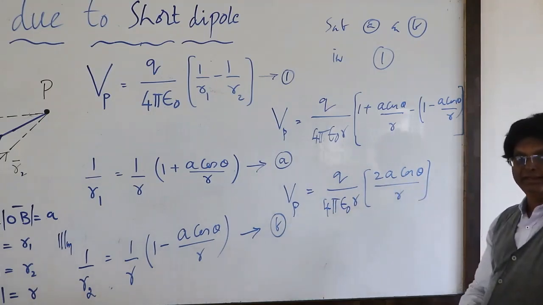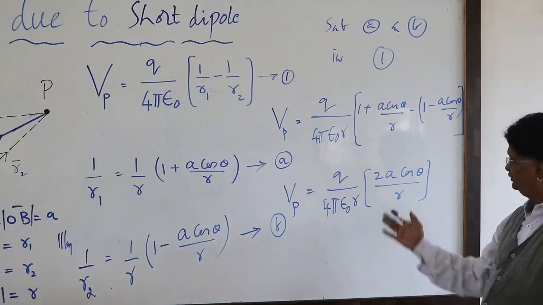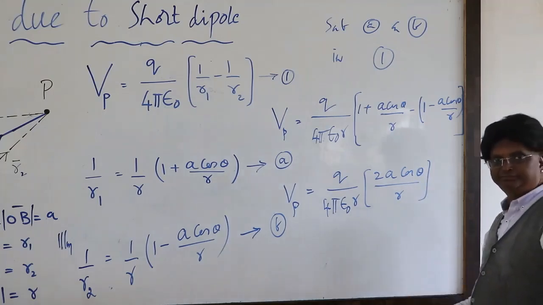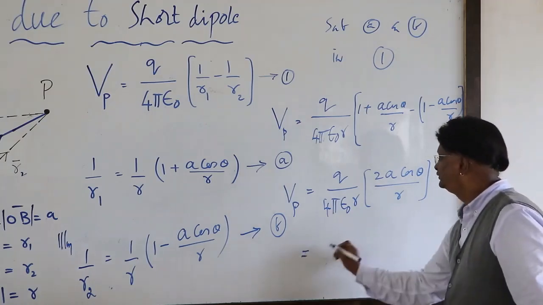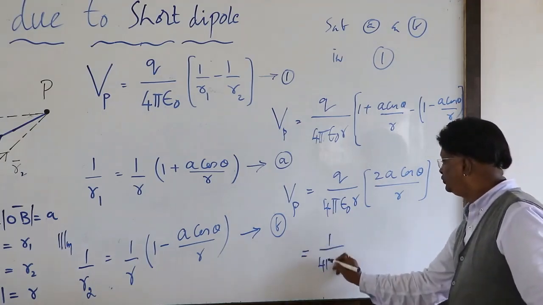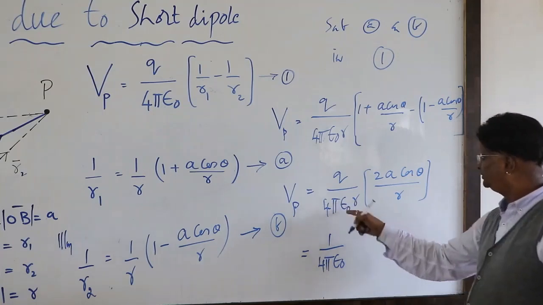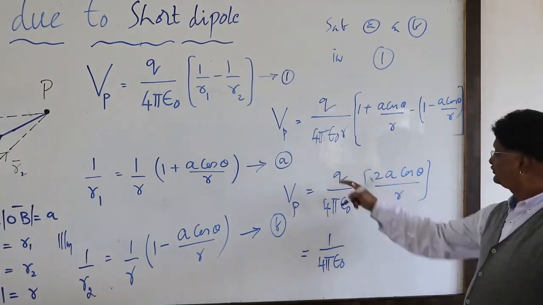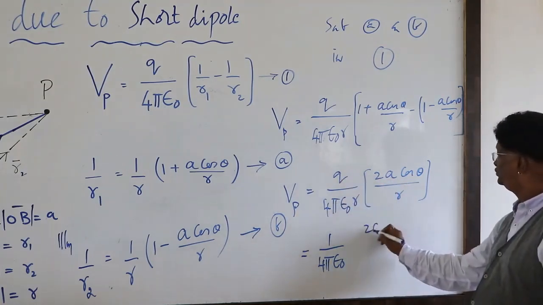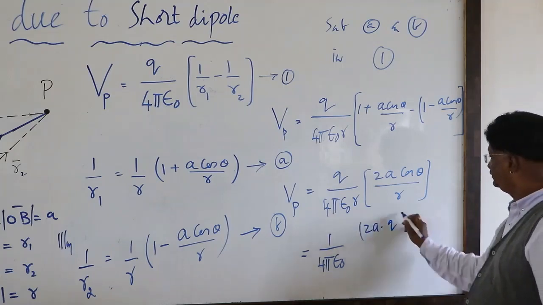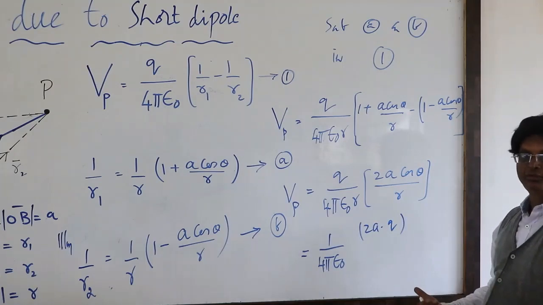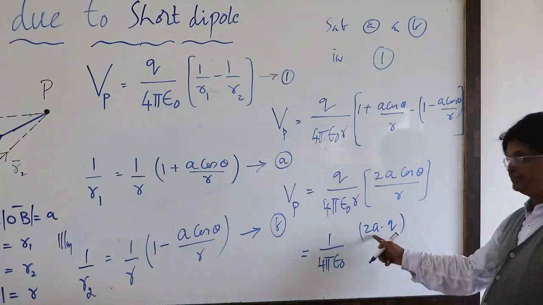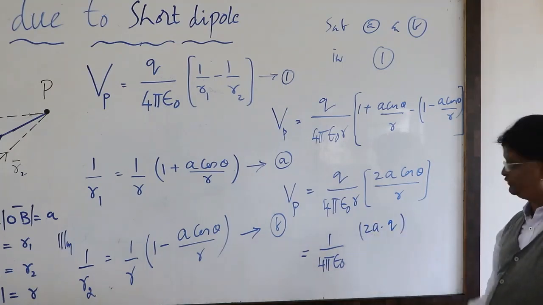Here we are rearranging the terms for the final expression. This is also a result. In fact, the rearrangement of terms is made. How? This is 1 by 4 pi epsilon naught, one term. This is 2a times q, right? This is what is very special for our dipole: dipole length times charge.